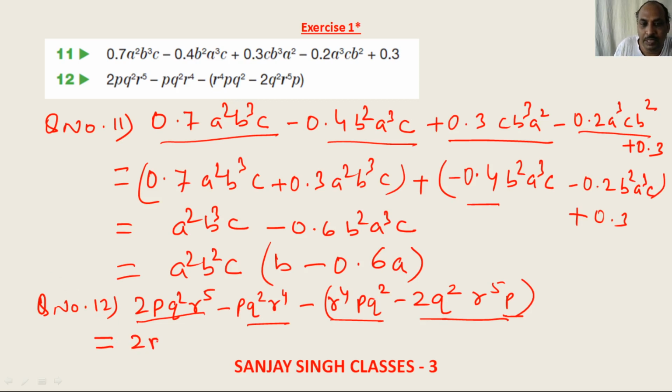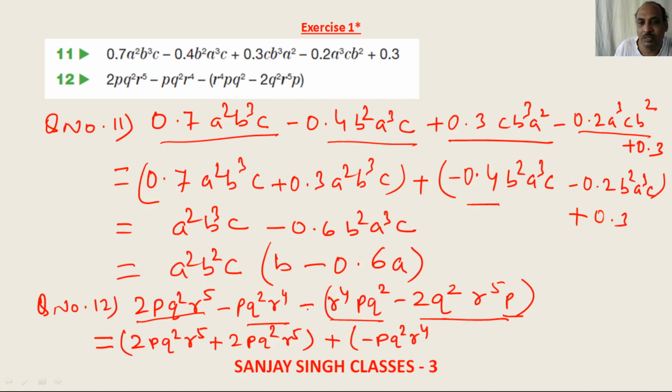So 2p q square r to the power 5. Here you can see, because it is in bracket, this minus and minus will become plus. So it will become 2 plus 2, p q square r to the power 5 at one place, then here minus p q square r to the power 4.